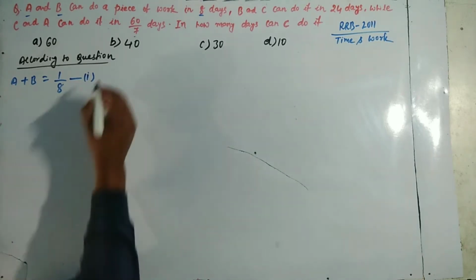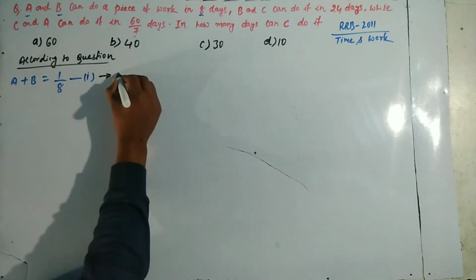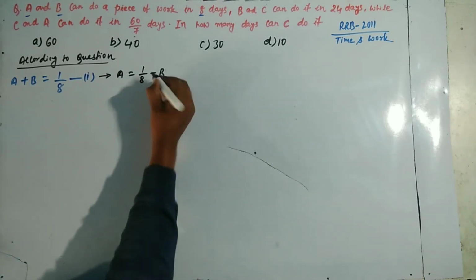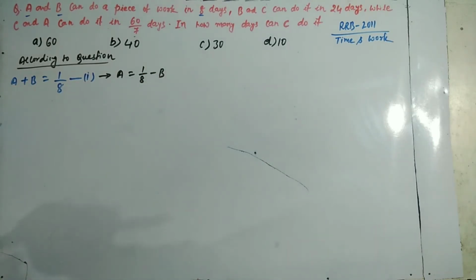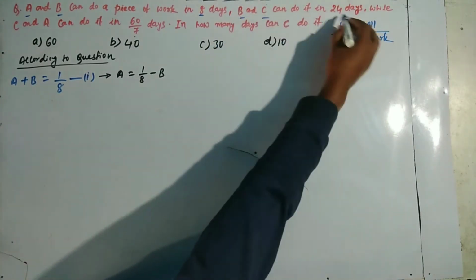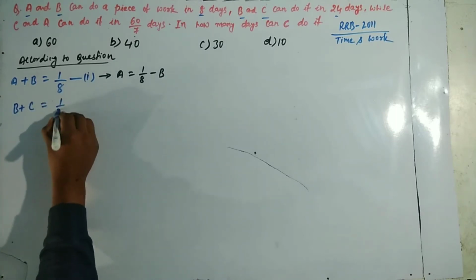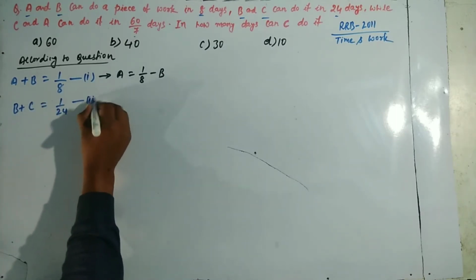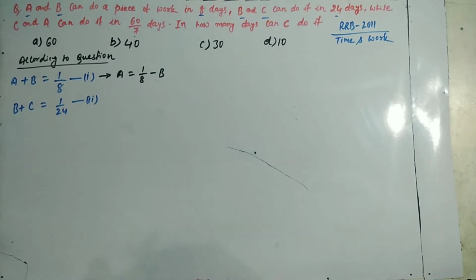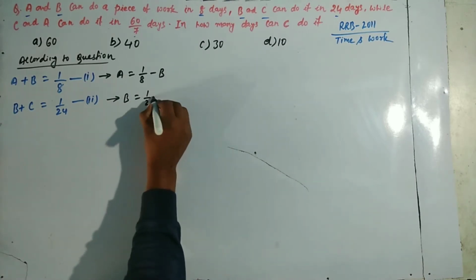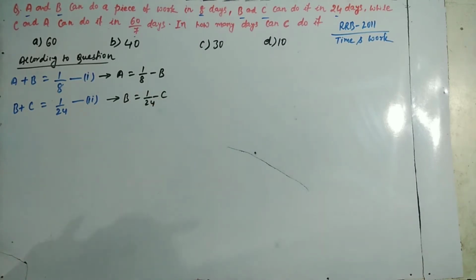Therefore the value of A will be 1 by 8 minus B. Second, B and C complete the work in 24 days, so B plus C equals 1 by 24. Take this as equation 2. So B equals 1 by 24 minus C.